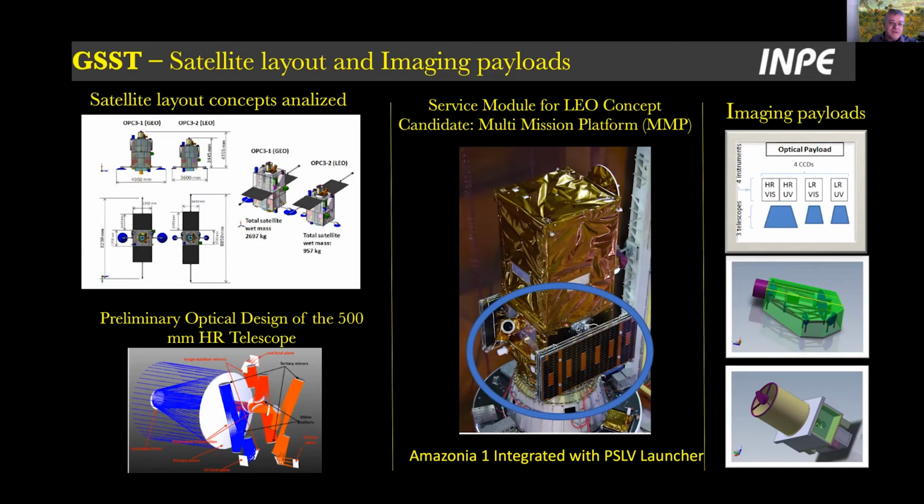On the left bottom, we can see our initial concept for the high resolution telescope, 500 millimeter telescope. You can see so the optical paths for the ultraviolet in blue, the red channel in the visible, and also some tracking camera for corrections of the imaging.